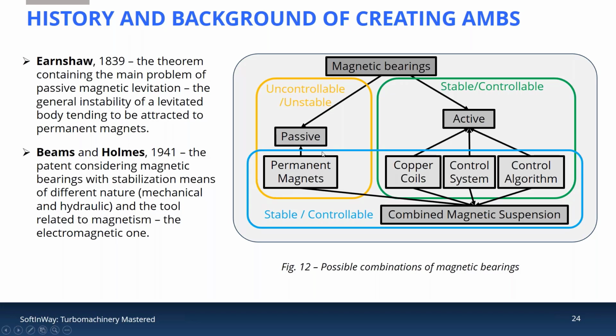The passive magnetic bearings with permanent magnets and only with them are in general unstable and, what is worse, uncontrollable. Controllability is one of the main advantages of active magnetic bearings.